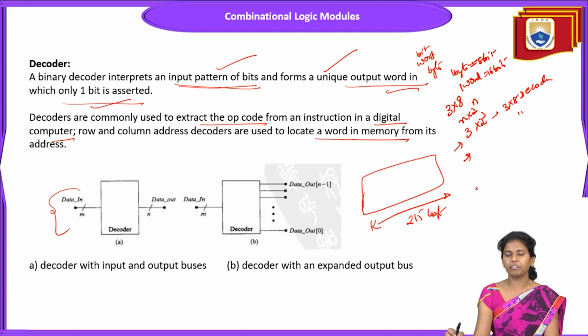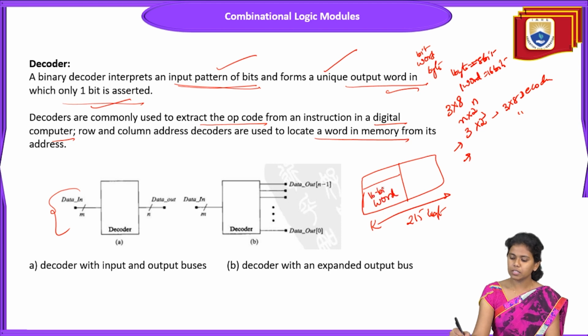From this memory, my decoder just decodes a word. Here my word is nothing but 16 bits. It decodes from the memory, from the kth address bits where I have my 16-bit word, and the decoder extracts the opcode from the digital computer in the presence of rows and columns.